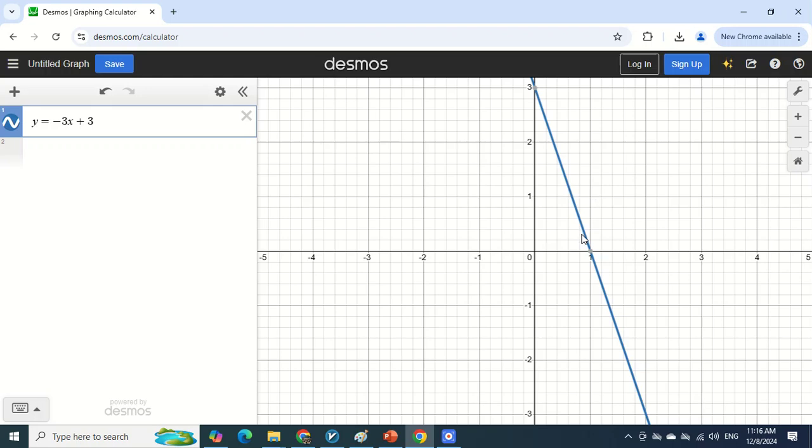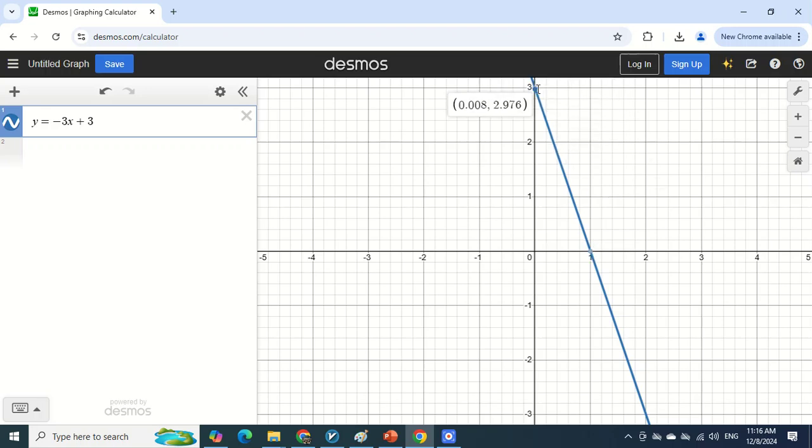For instance, if I consider one simple point like 1 and 0, if you multiply the x, which is 1, by minus 3 and add 3, the result will be 0, as you can see here.